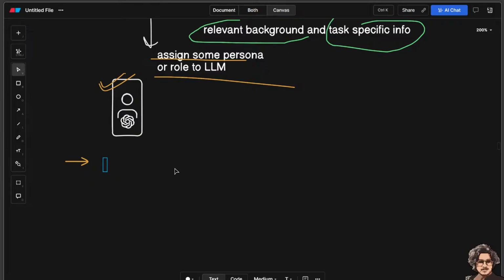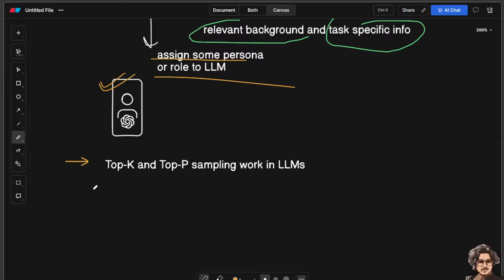So this we have to understand, and in that case we have to answer like this. First of all, we have to understand what is top-K.